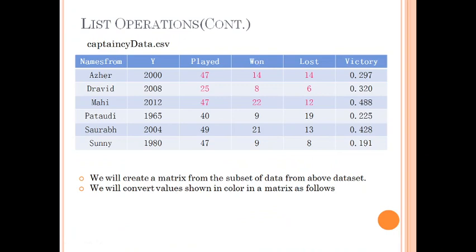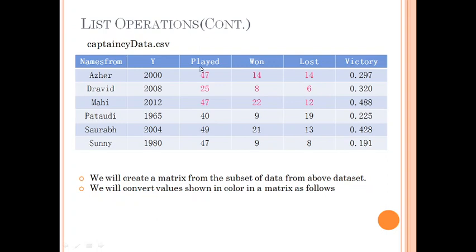So now from this captaincy data frame, we will be creating a subset. In yesterday's session, we have seen various ways of creating a subset based on a condition using a subset function, or by directly giving the range. So here, these values which are provided in red, we will take out as a subset of the captaincy data frame.